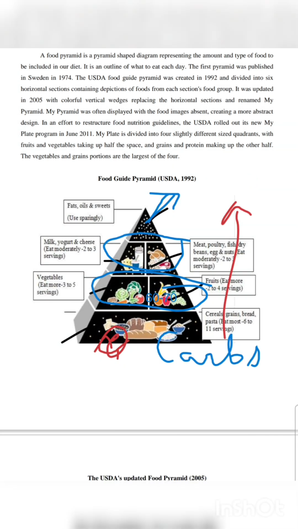And then after carbs we need to have proteins 10 to 12%, right? And then the same in case of fats and oils, and a little bit of sweets, right? So this is the food pyramid, which tells us about the quantity of food items, nutrients we need to consume.